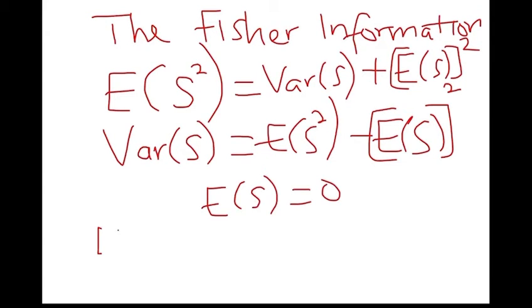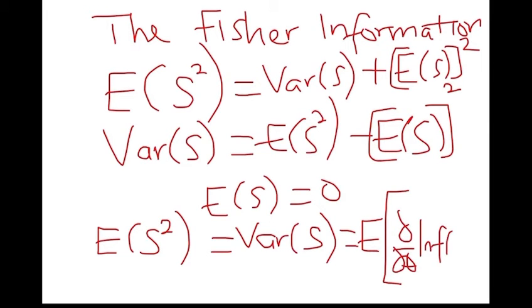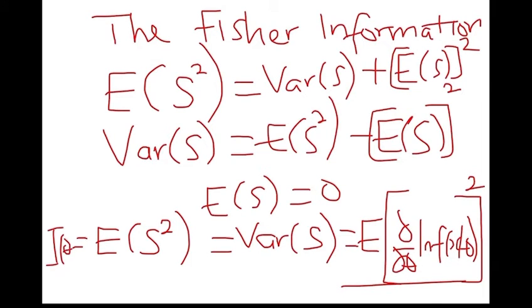So this is going to be the expectation of (d/dθ ln f(x|θ)) squared. This is what we call Fisher information for one sample, for sample size one.